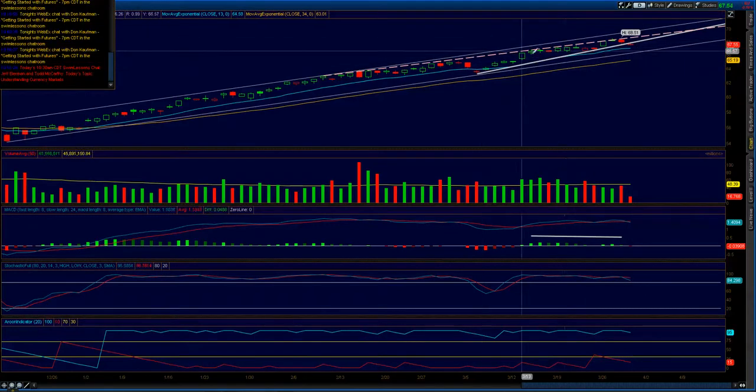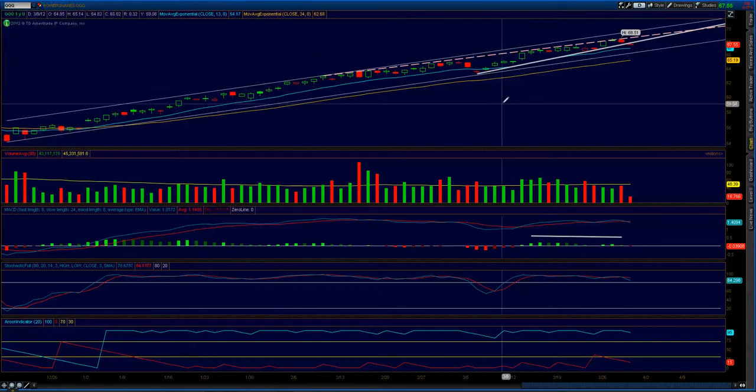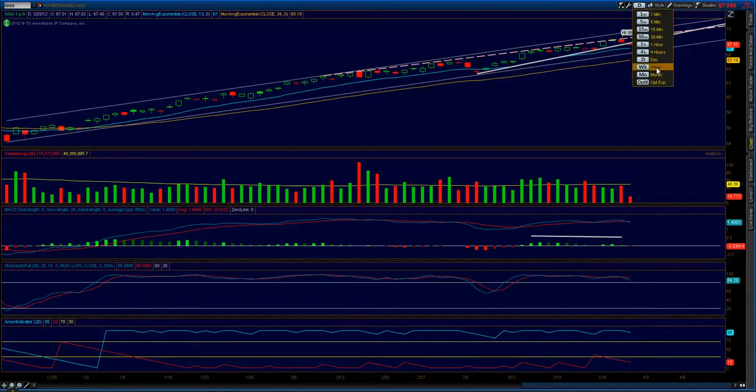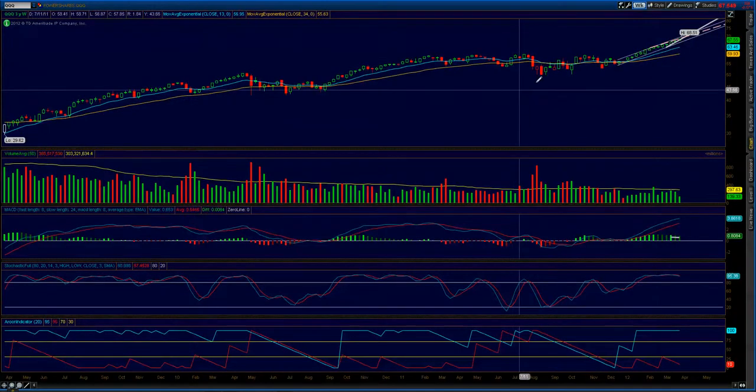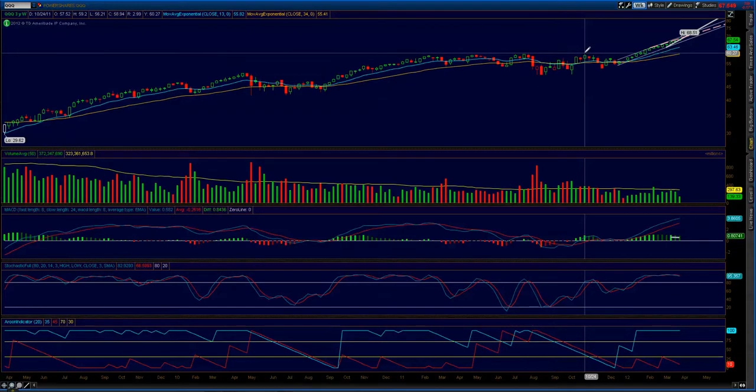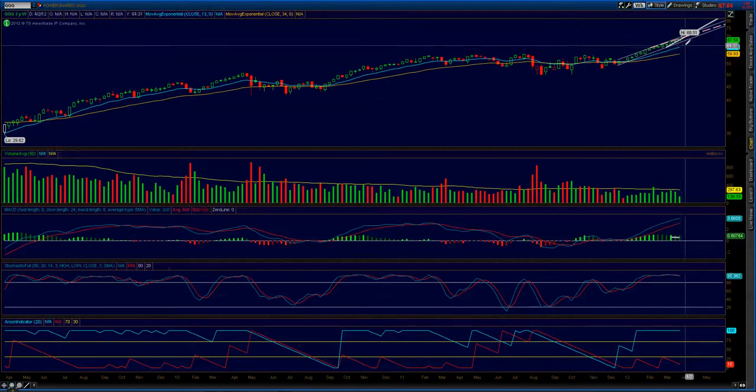This is the strongest, to me, this is the strongest indice. So we may not even see, we may just see it come down to the 34 moving average on the daily. As far as the weekly, that would signify probably the 30-day moving average on the weekly.